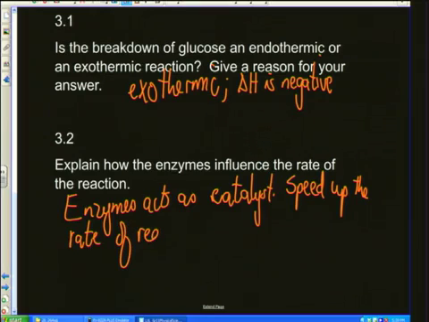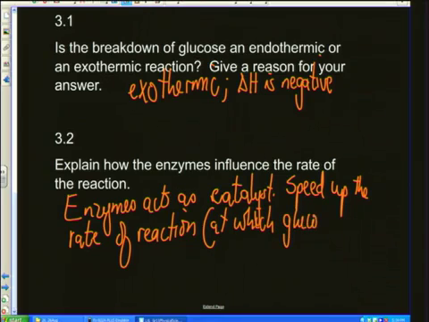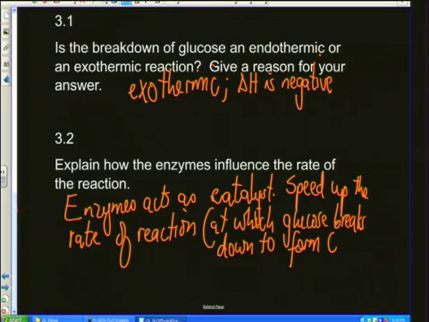If you want to be specific, you would say they speed up the rate at which glucose breaks down to form carbon dioxide and water, or burns in oxygen to form carbon dioxide and water.